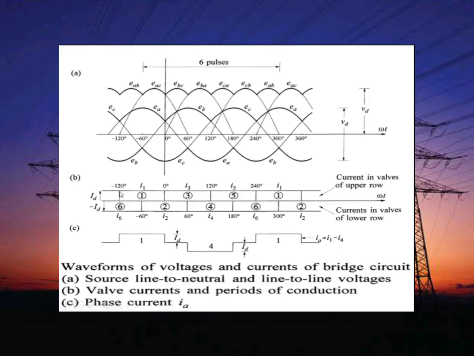It conducts from minus 120 to 0 degree, that means minus 2 pi by 3 to 0. Valve 1 conducts, and for the remaining period from 0 to 240, that means 4 pi by 3, the valve current 1 is 0, because valve 3 and valve 5 conduct during that period.